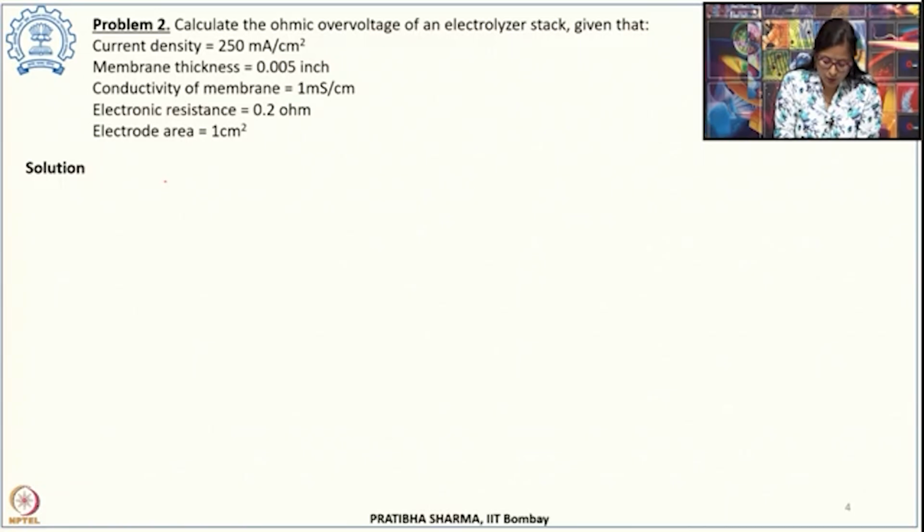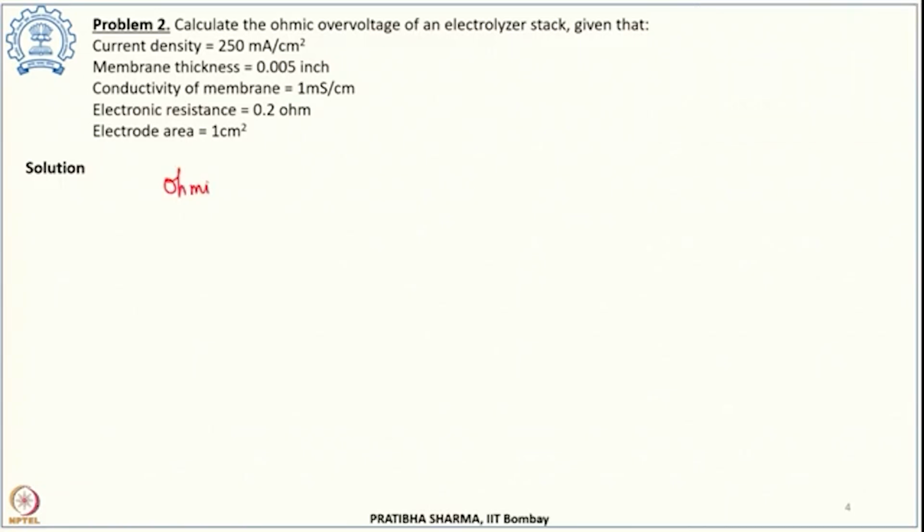Now the ohmic overvoltage is given by the resistance, which is the sum of ionic resistance and electronic resistance, times the current density.